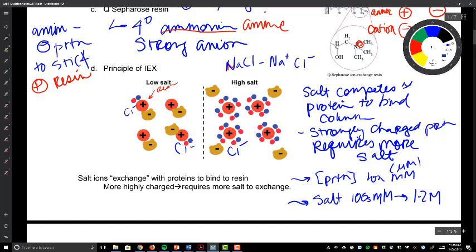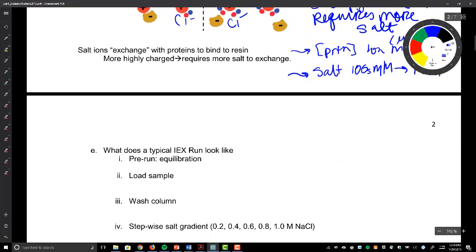One of the reasons why this is able to work is because the concentration of our salt is several orders of magnitude higher than the concentration of the protein, and the small size of the salt relative to the protein is another reason why salt is able to effectively outcompete the protein binding to the resin.